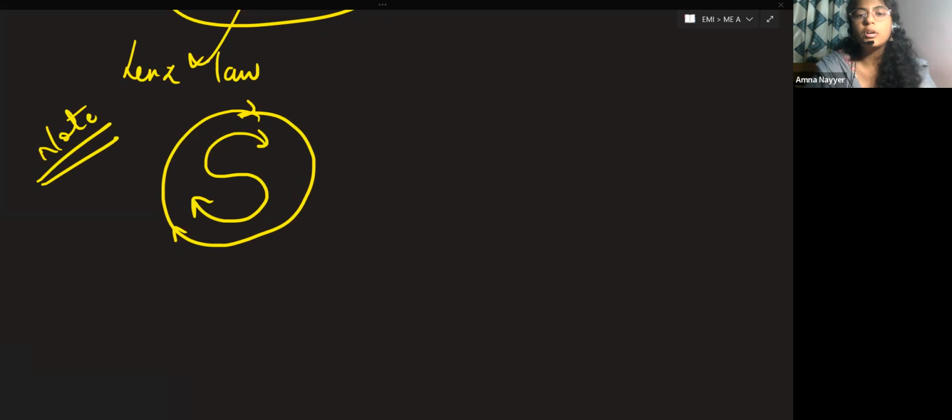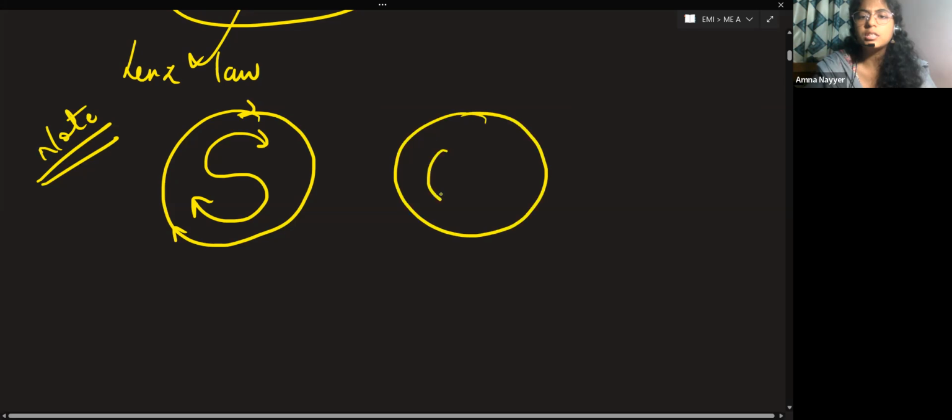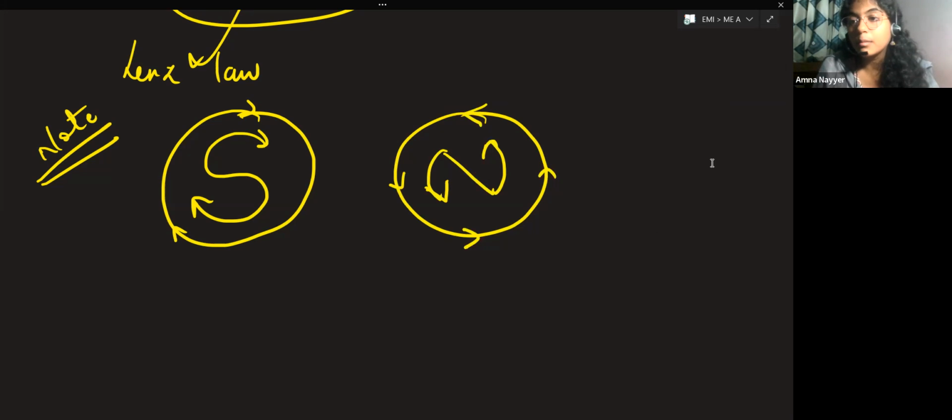For the north polarity, I have told you, just develop and draw this kind of end. Now go along with the arrows. That gives you the direction of current. One more thing we had done, the right hand thumb rule.